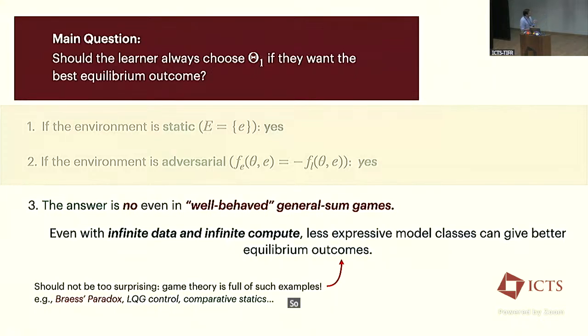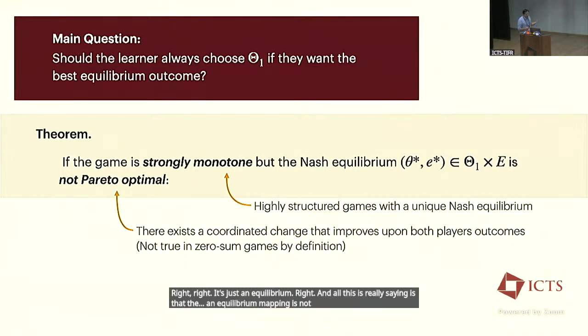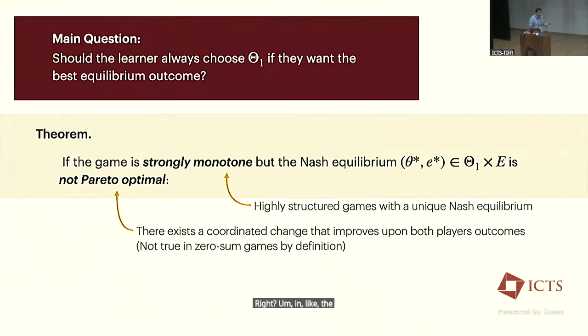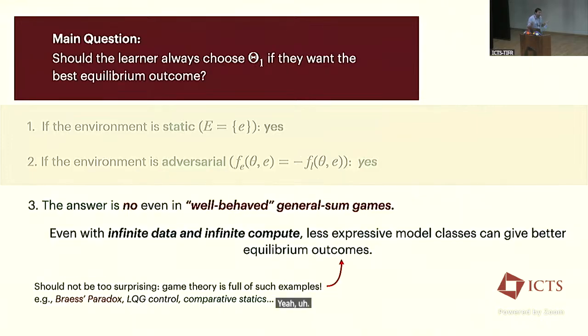So do you think the same structure appears somewhere else? I mean, the structure really happens because we've moved away from our solution being the solution to an optimization. It's just an equilibrium. And all this is really saying is that an equilibrium mapping is not monotonic in the size of your space. Yeah, I don't have good answers. These are all good questions, but it's an interesting space.